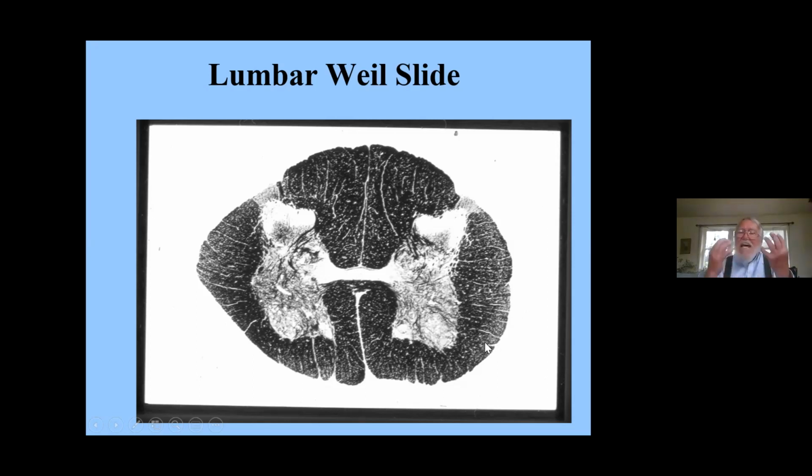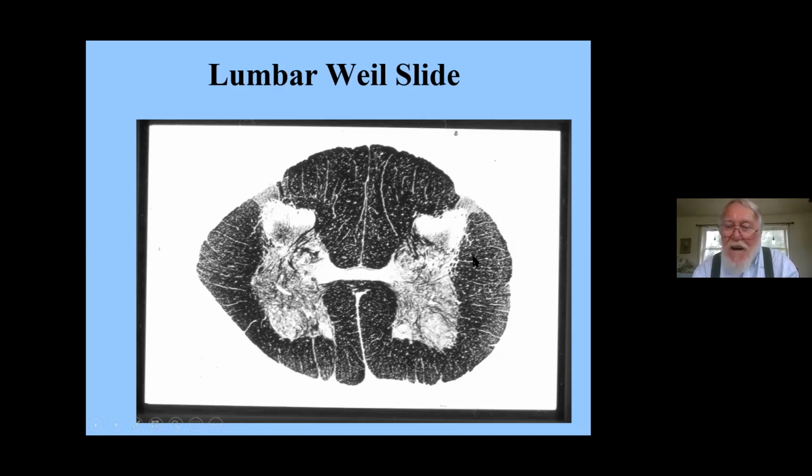So again, in the magic things of a picture says 1,000 words, you don't want to define, you want to see where the lateral corticospinal tract probably is, like right here. Come on, where are you? There we are. Here is the lateral corticospinal tract.